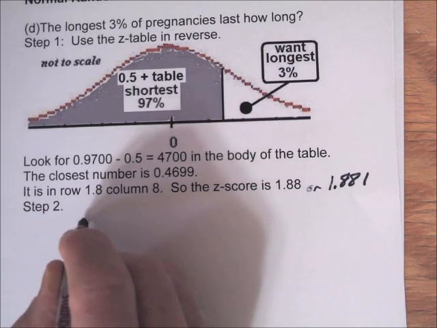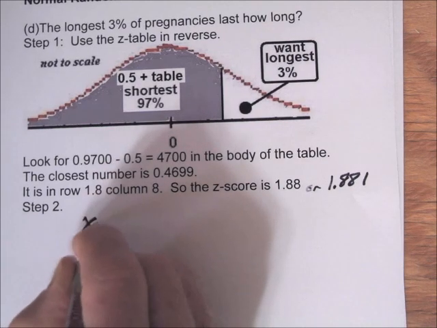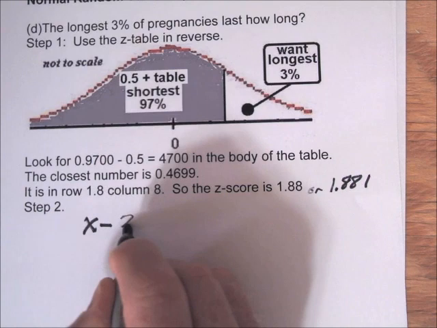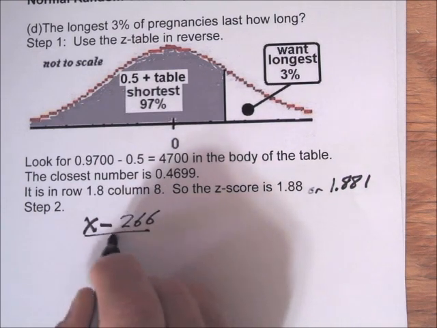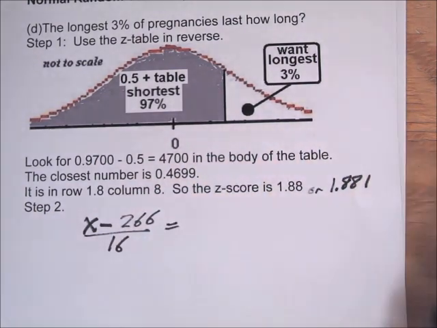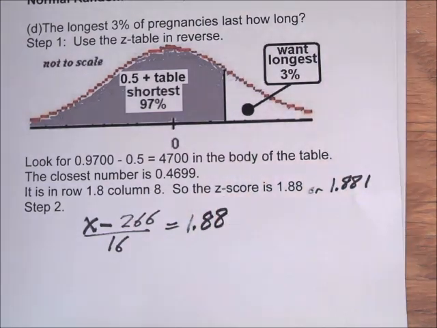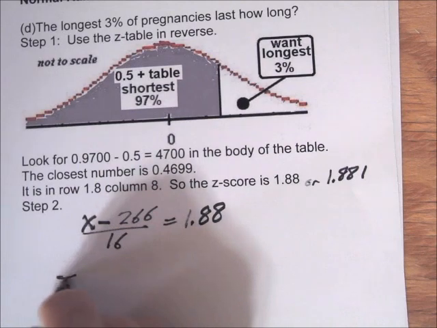So we want to solve x minus the mean, which is 266, divided by 16 equals 1.88, and solve for x. So you multiply both sides by 16.